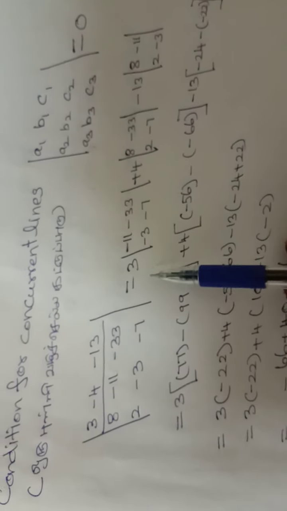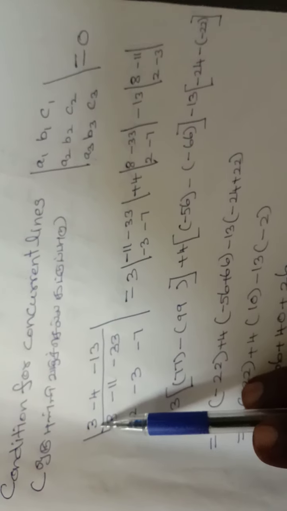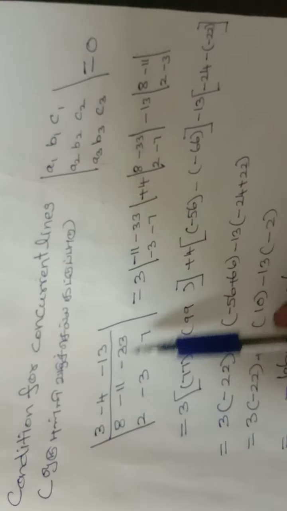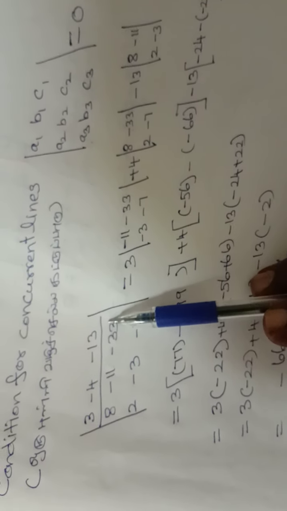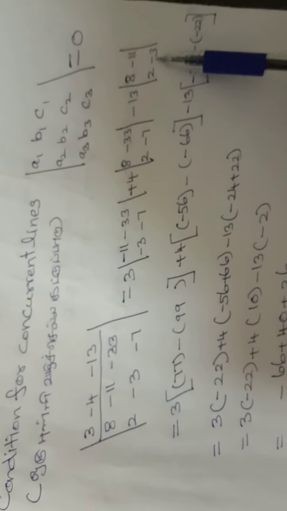Equal to 3 into, first one is minus 11 minus 33, minus 3 minus 7. Then change the sign: plus 4, 8 minus 33, 2 minus 7. Third one is minus 13 into 8 minus 11, 2 minus 3, that's what you have written here.